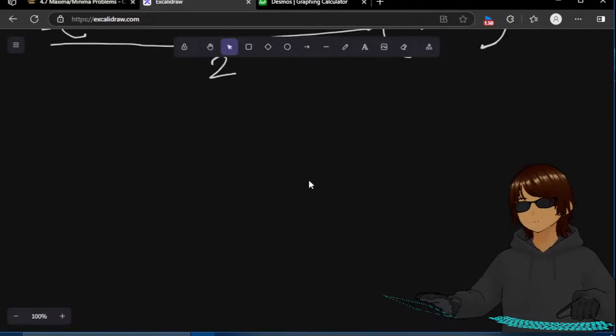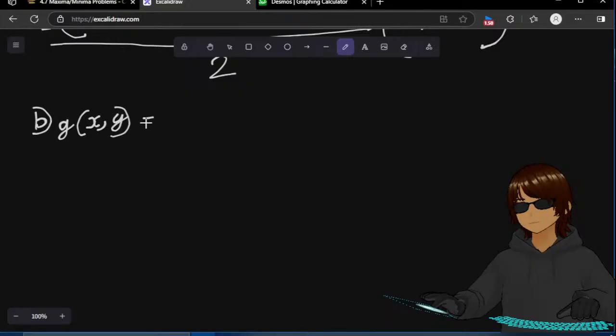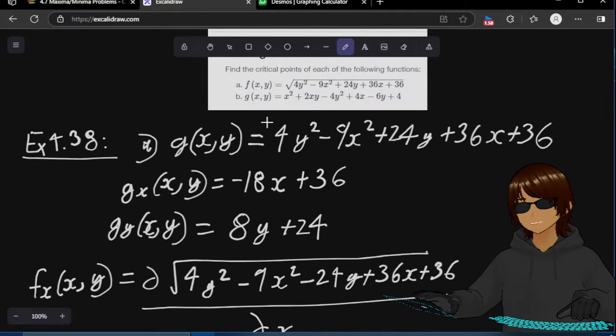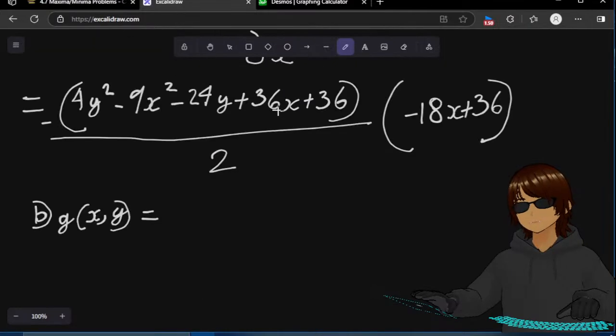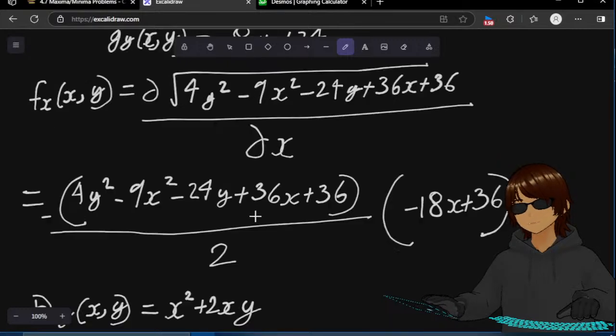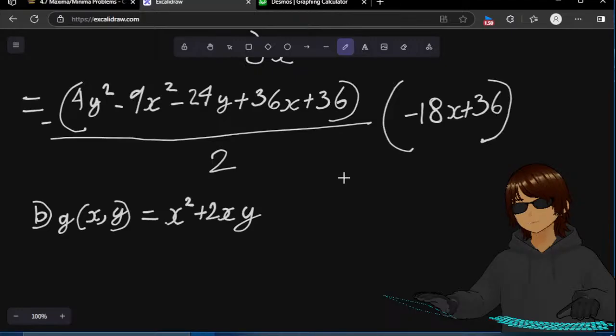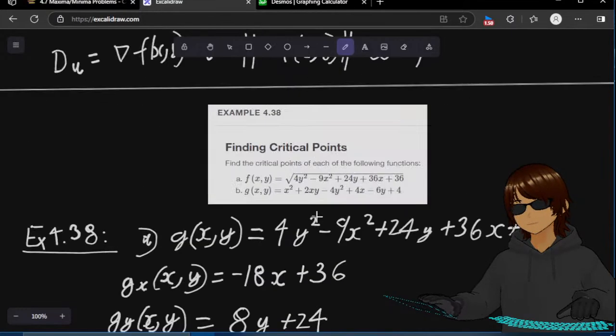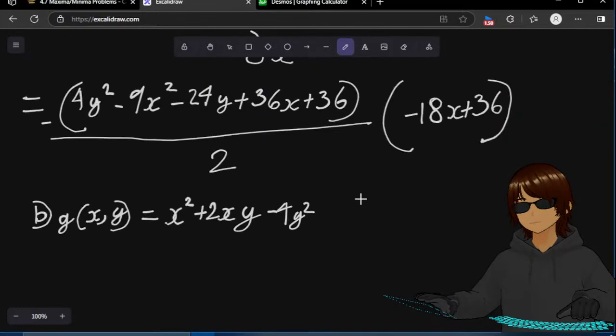g of x, y is x squared plus 2xy minus 4y squared plus 4x minus 6y.